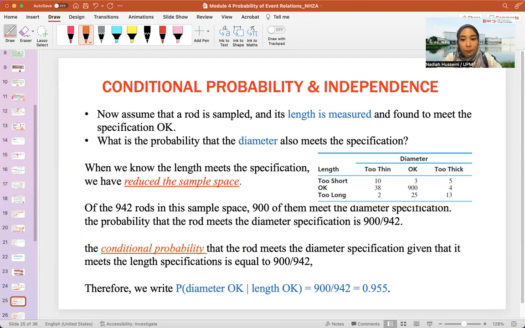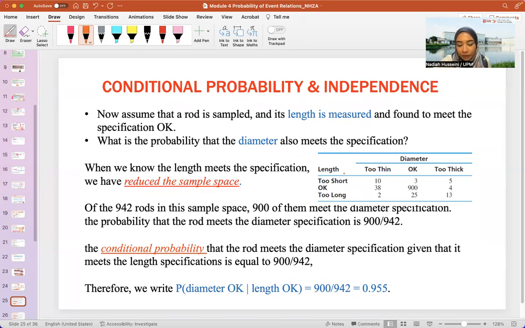So now, out of the 1,000, what is the probability that the diameter also meets the specification? So I take a rod, I measure the length, the specification is okay. I want to know the probability of me getting a diameter that is also okay.